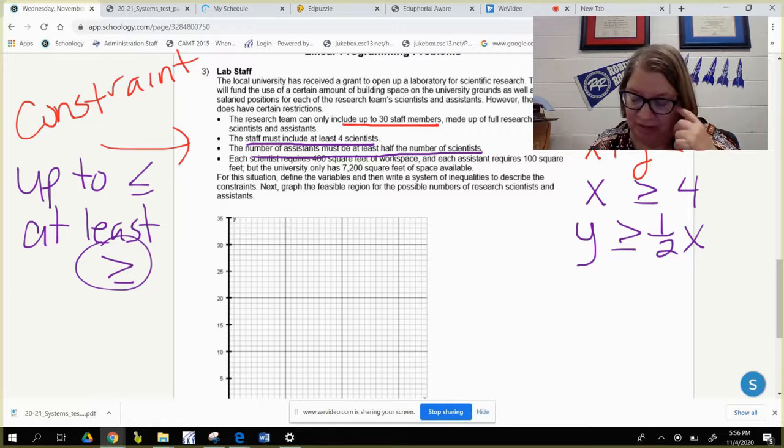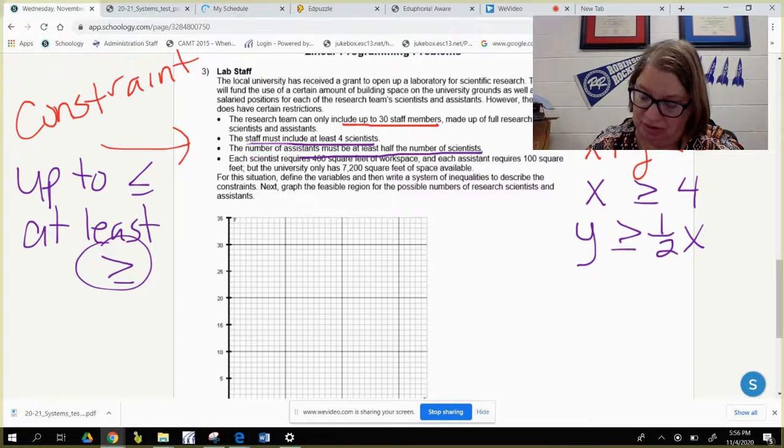It says each scientist requires 400 square feet of workspace. Each assistant requires 100 square feet of workspace. And the university has 7,200 square feet.